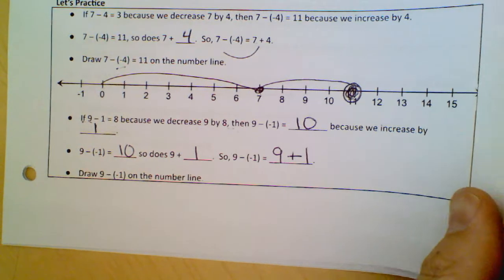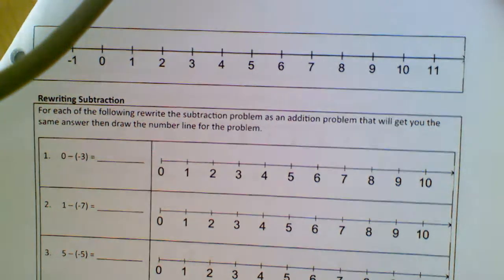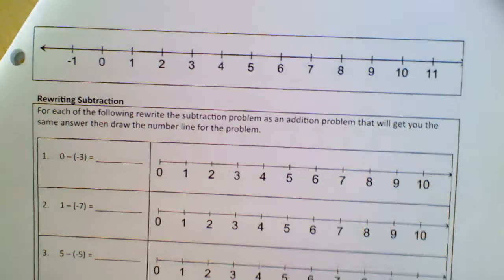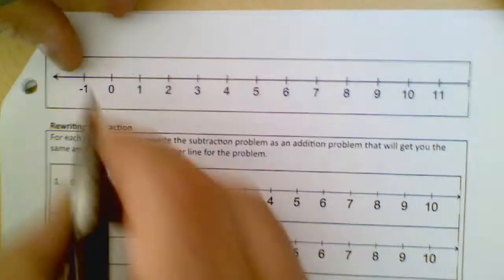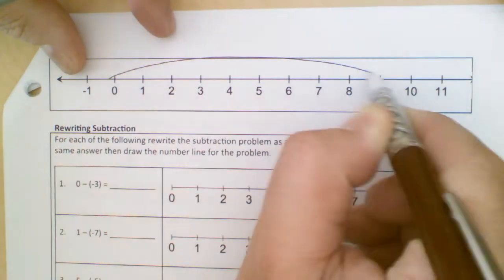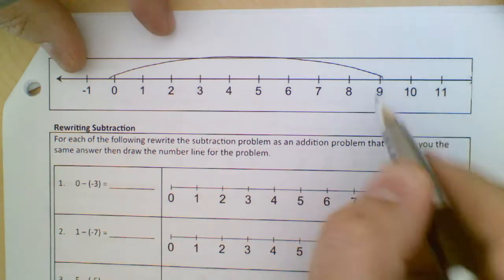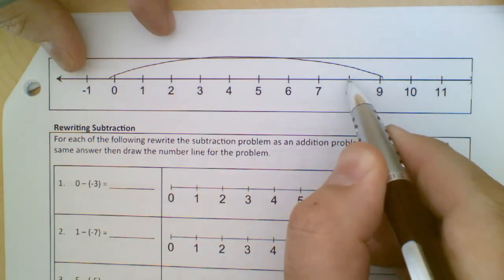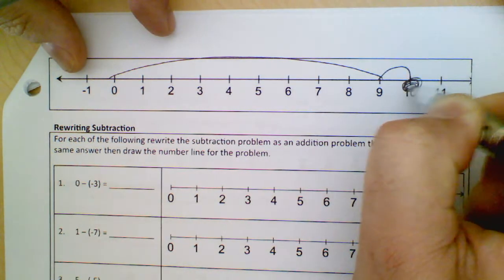If we draw 9 minus negative 1 on the number line, we start at 0, we go to 9, and then subtracting. Remember that adding a negative 1 would bring us backwards. So subtracting a negative 1 is going to bring us forwards.